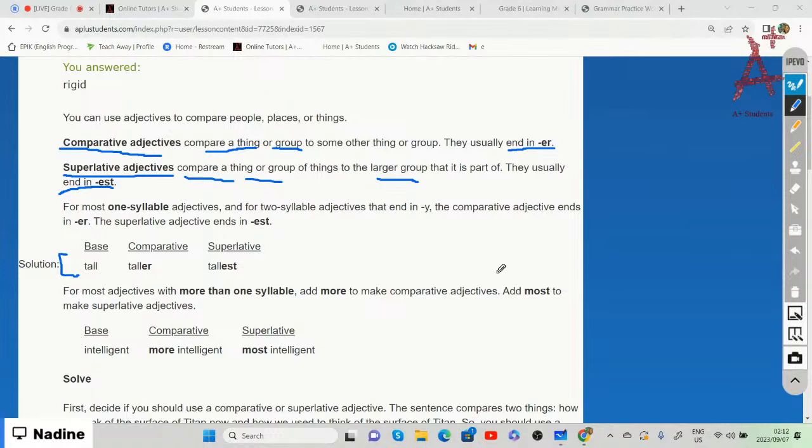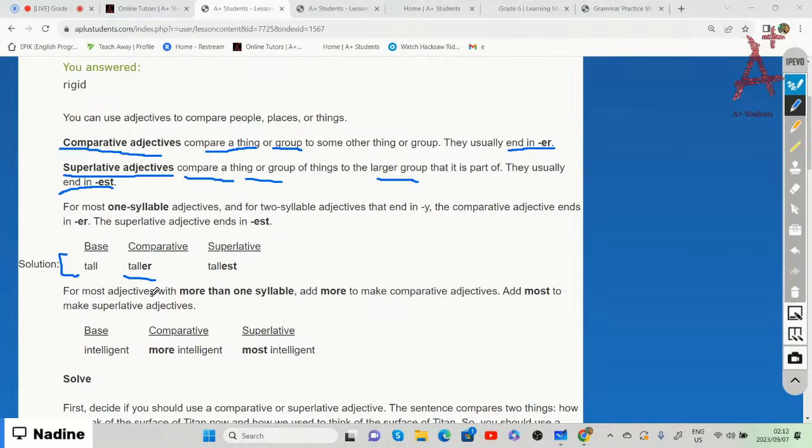Let's make an example of a person that is tall. Jack is tall. Now, if I compare Jack to Sarah, then I can say Jack is taller than Sarah. So that is where the comparison comes in.